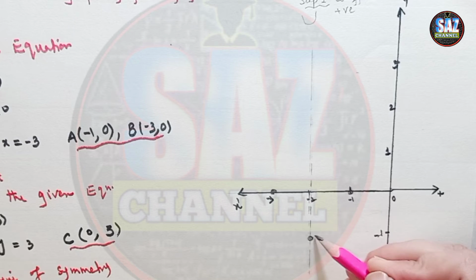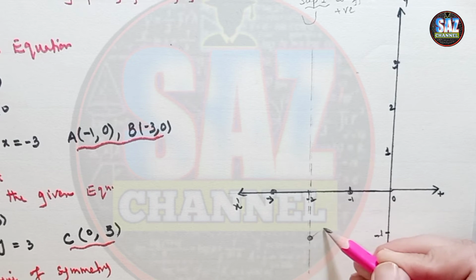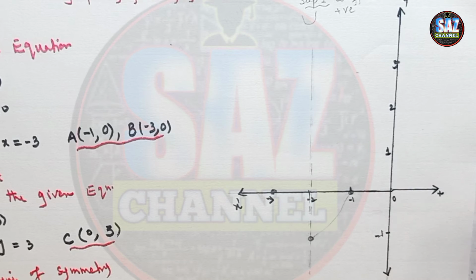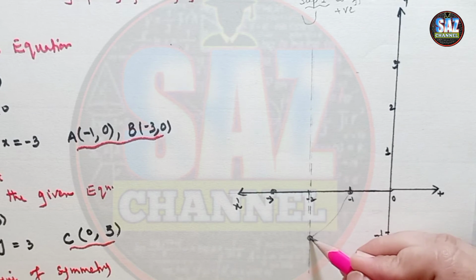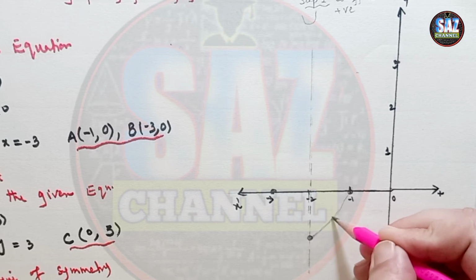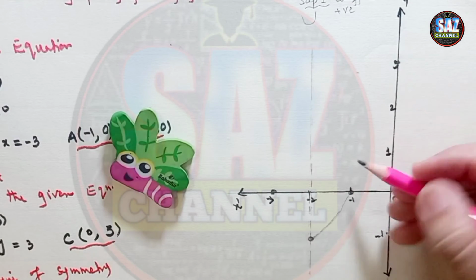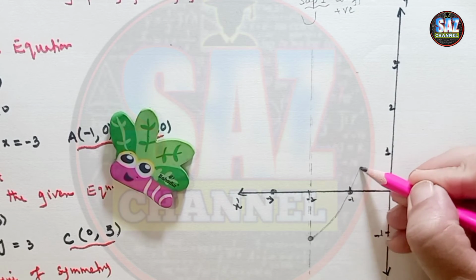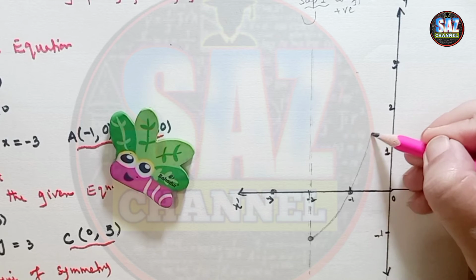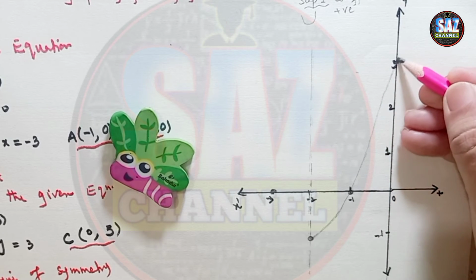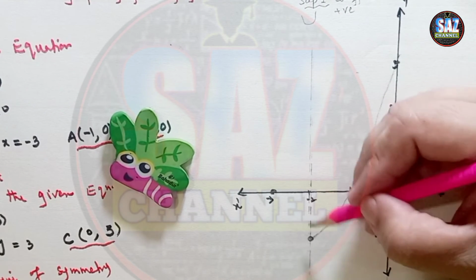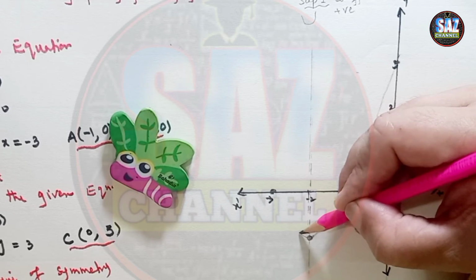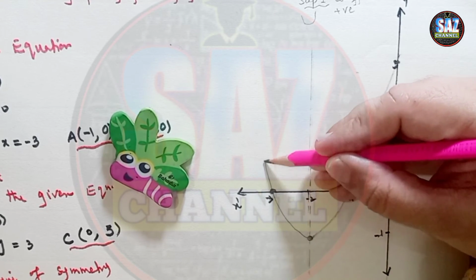And now nicely join these points. As the given equation has a positive coefficient of the square term, this graph will open upward and it will have the minimum point. Now let me take the turn on this side and join the points.